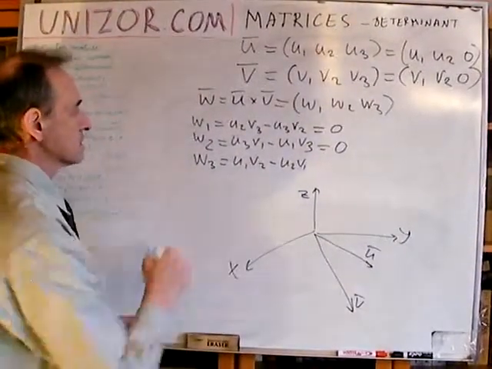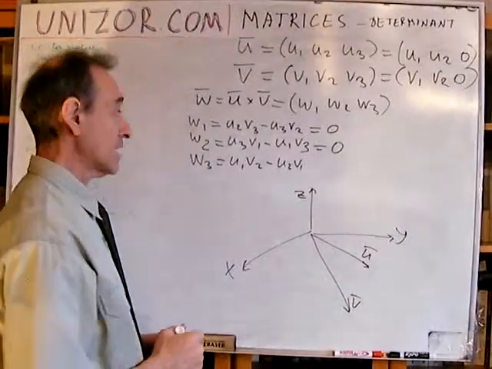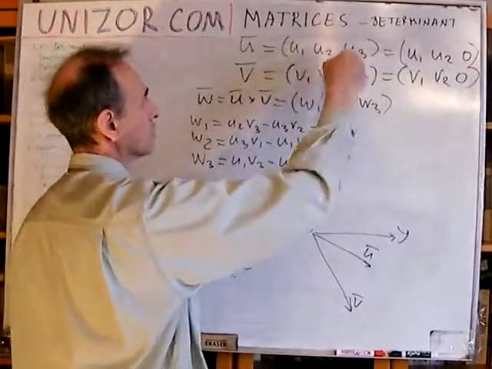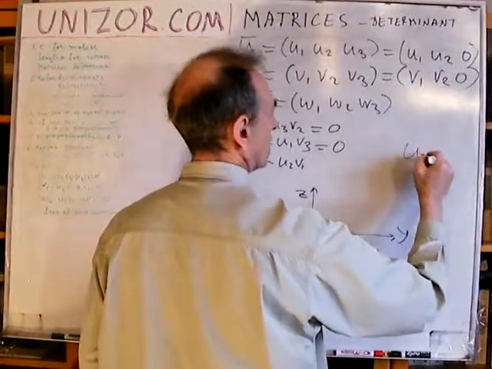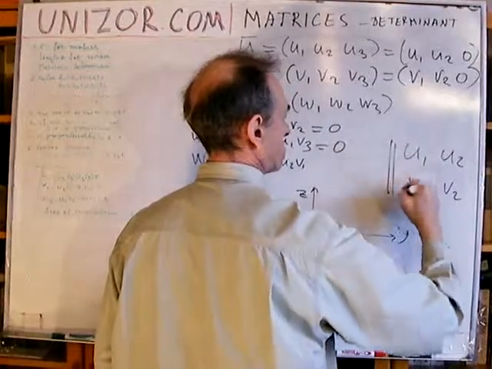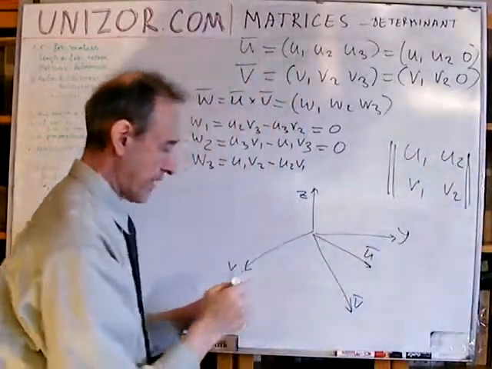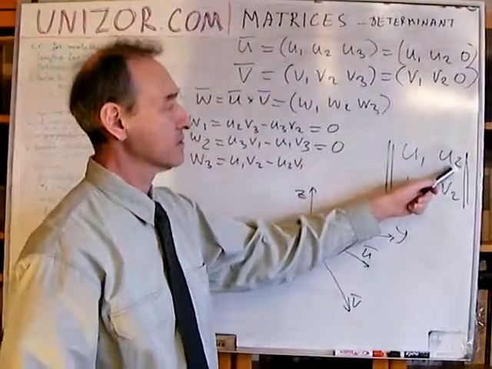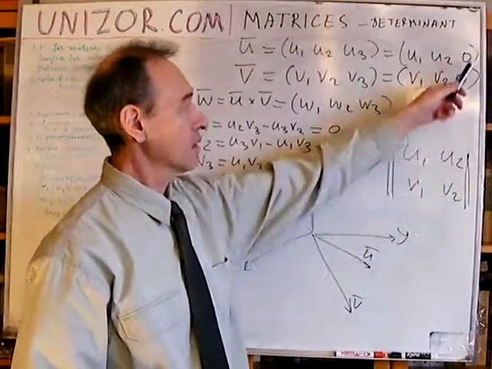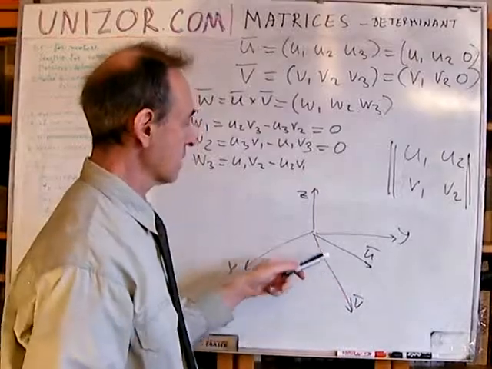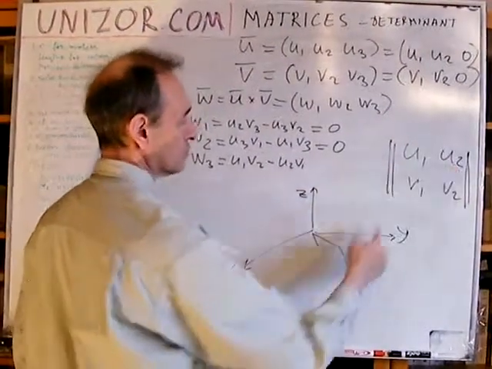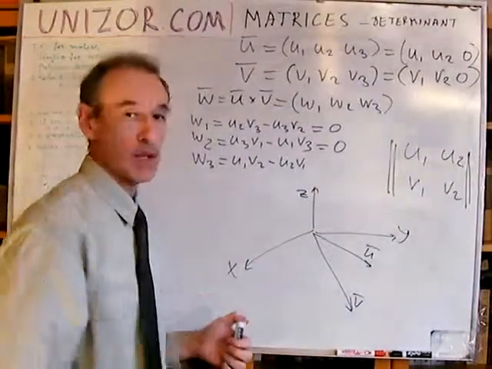And what is the third coordinate? Well, that's quite interesting. Look, if you put the coordinates of these vectors in a matrix, where the first vector occupies the first row and the second vector occupies the second row, I don't really need the third coordinate, it's equal to 0. So within this plane, u has coordinates u1, u2, and v has coordinates v1, v2.